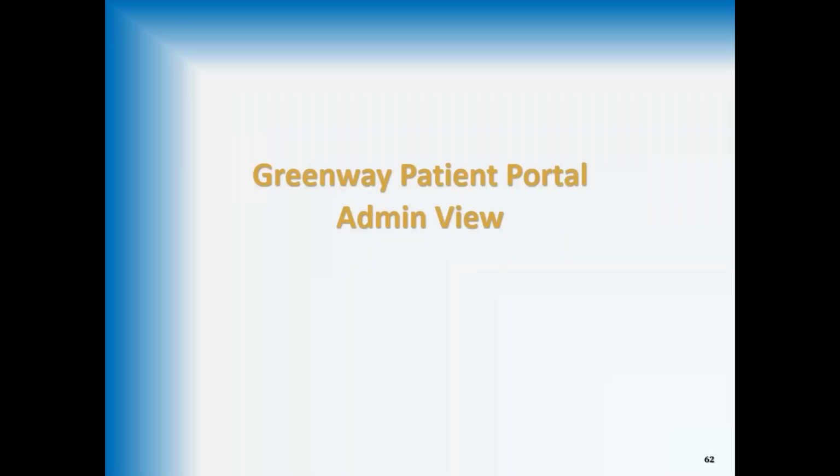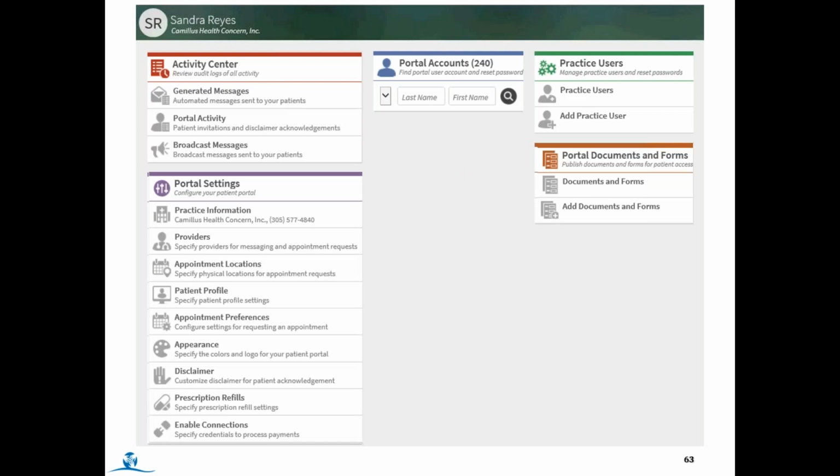Okay, so now that we've had the patient experience and you know how to send a secure message, which again, I think is very user-friendly in this new system, I just want to give you a brief overview of the admin side. So when you log in into myhealthrecord.com, as an administrator, these are the options that you're going to get.